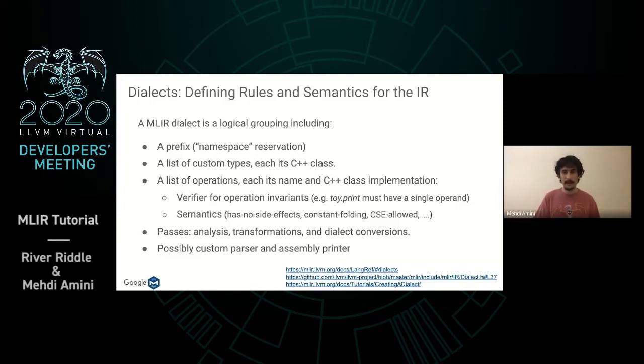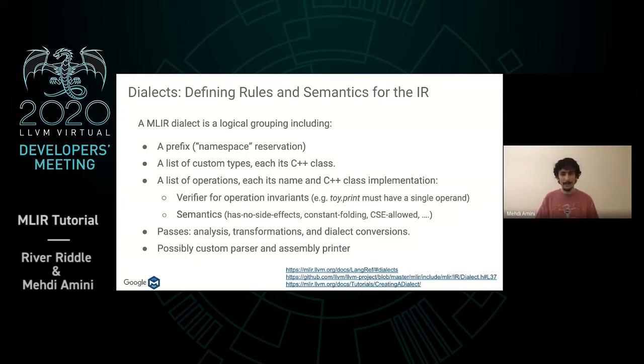So just like a C++ library where you define your classes, your methods, etc., the dialect is your own IR library. By defining this set of types and operations, you can define a closed set that has a well-defined semantic and that you can manipulate.